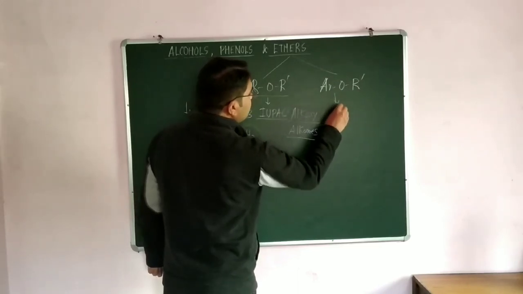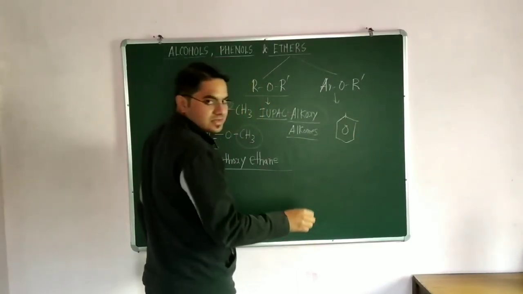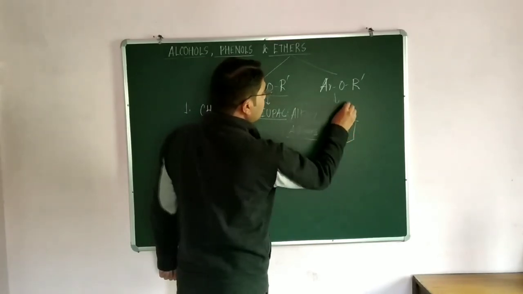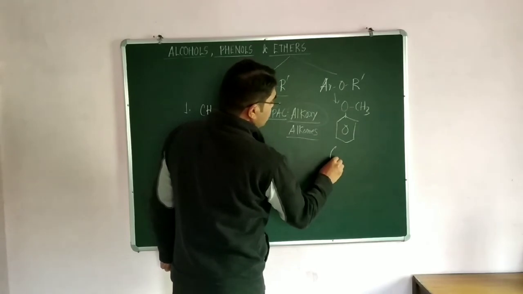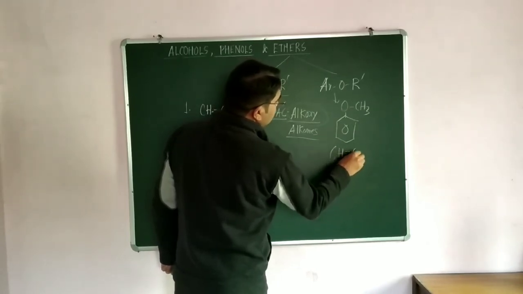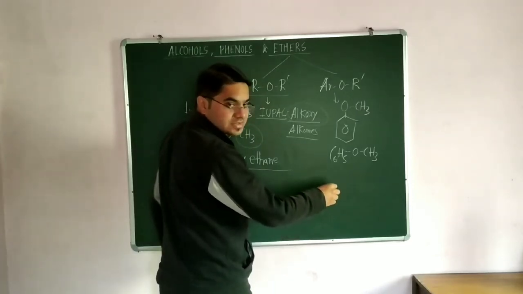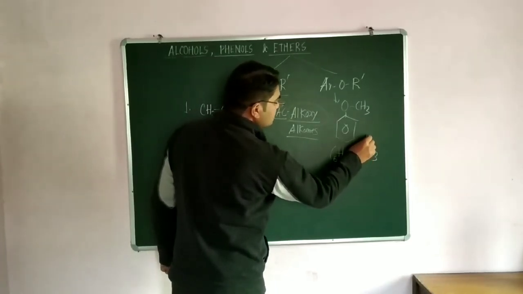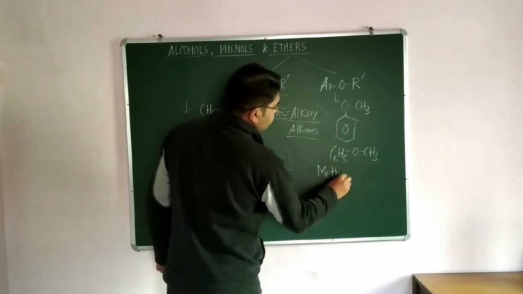Now next are aromatic ethers. In aromatic ether, aromatic ring with OCH3, or we can write C6H5OCH3. The name of this compound, because this is the smaller part, is methoxy.